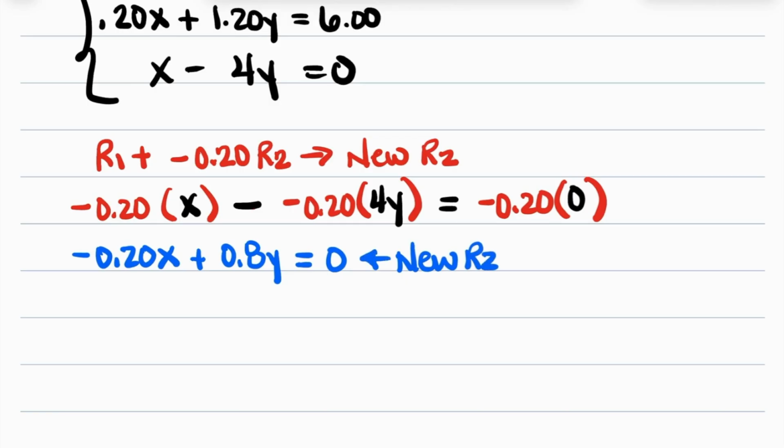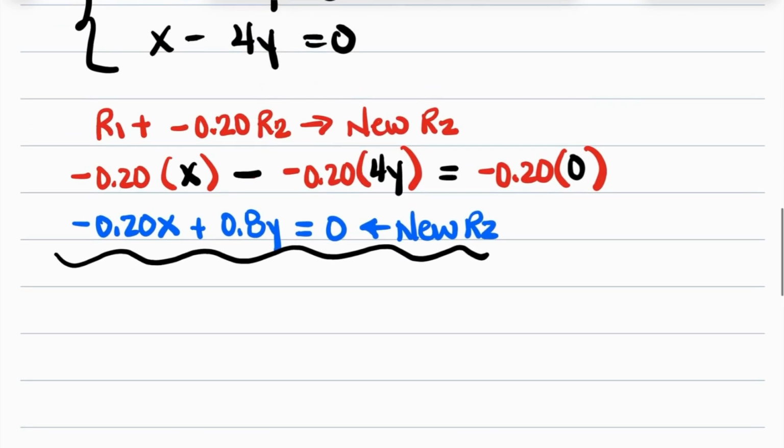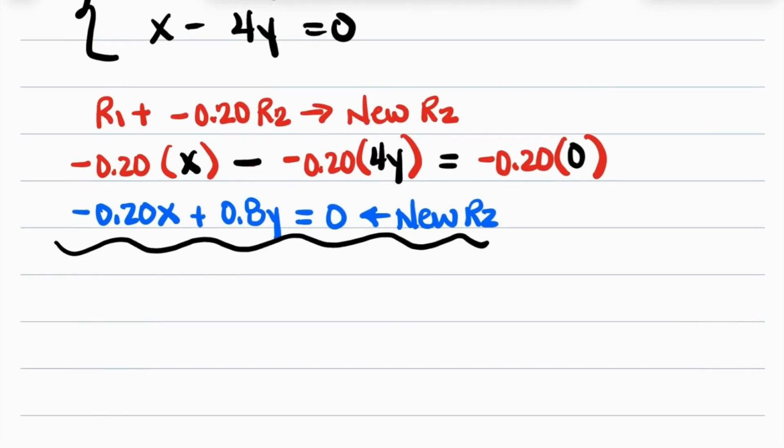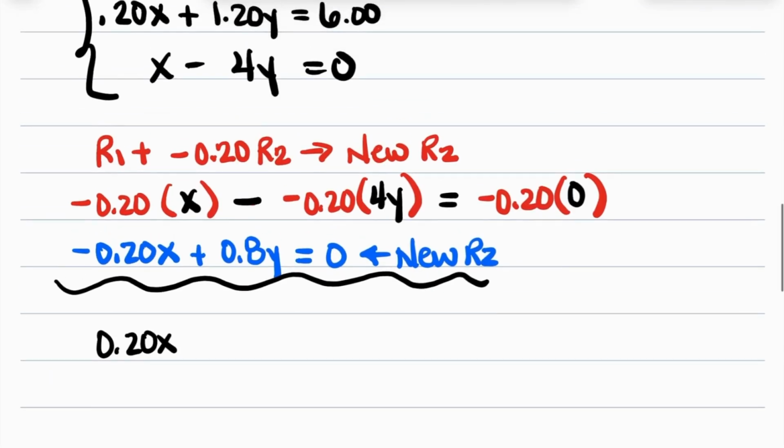So let's take these two equations and bring them down here and solve. Let me draw a line here just so we can see what we have. So now we have 0.20x plus 1.20y equals 6.00.